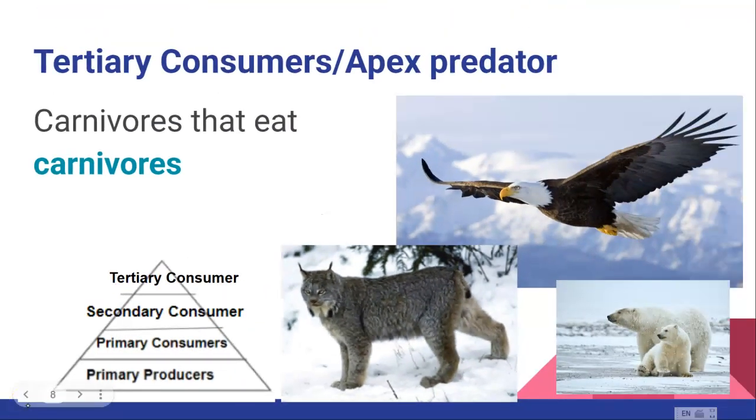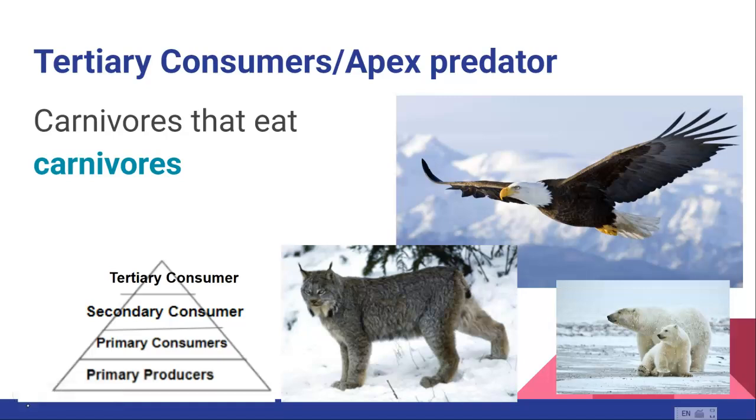The apex is the tip of the triangle. Okay, right here. So if you have an organism that is at the apex of the triangle, we call it the apex predator for that reason.